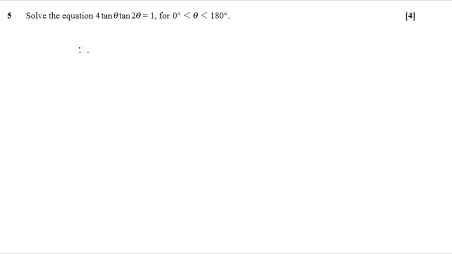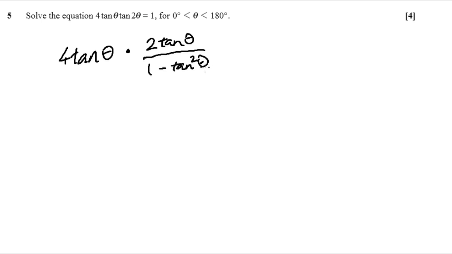So if you expand tan 2 theta, you get 4, you have to keep the 4 tan theta in the front, multiply that by 2 tan theta over 1 minus tan squared theta, and that equals 1.